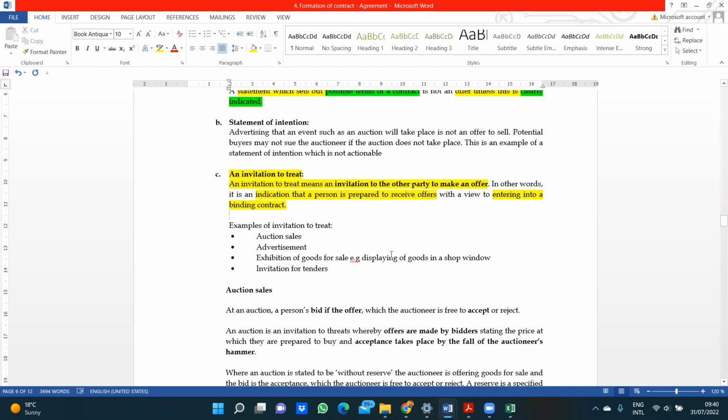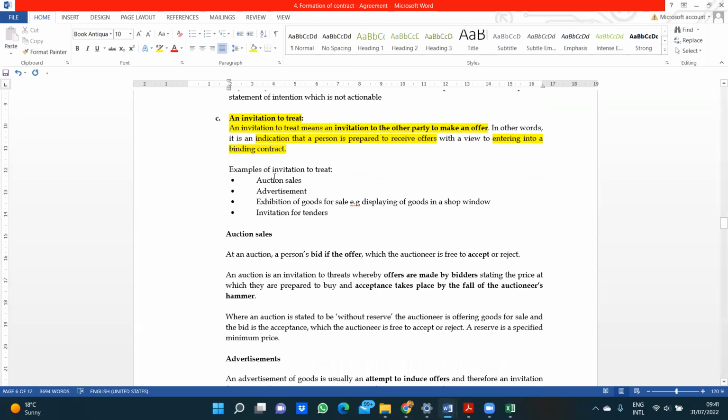In an auction sale, some people might be willing to buy something. It is offered to the public to bid prices on it. The bidding made by the public is the offer. Not what is being displayed to be sold, but the price bid by the public. This is the offer. So the auction sale is an invitation to treat. Why? Because it makes the public bid on something, to buy something. And the bidding which is made is the offer.